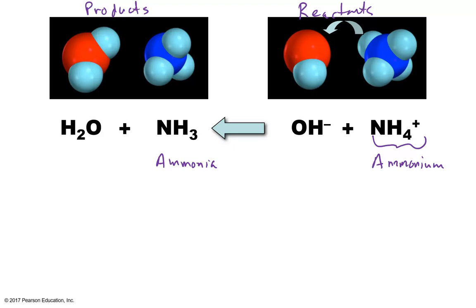So since the reaction is going to the left now, which of the things on the right is going to donate a proton? Ammonium donates. Do bases always accept? That's the Bronsted-Lowry definition, that bases accept protons. So yes.